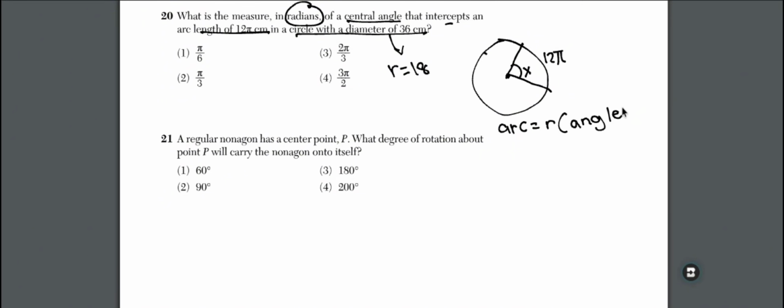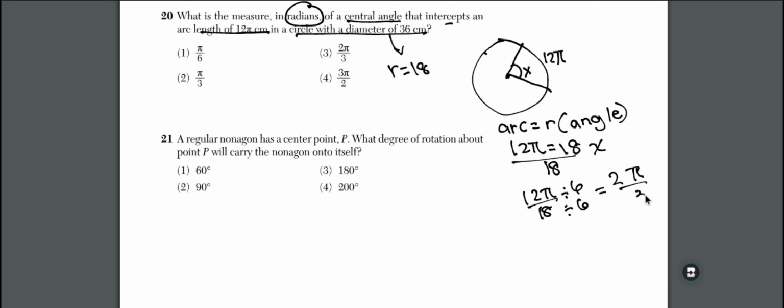So I know my arc length is 12 pi, I know my radius is 18, and I need to find my angle. I divide by 18, 12 pi over 18, I can simplify by dividing by 6, and I'm going to get 2 pi over 3 as the measure of my angle. So I use the arc formula that I must know.